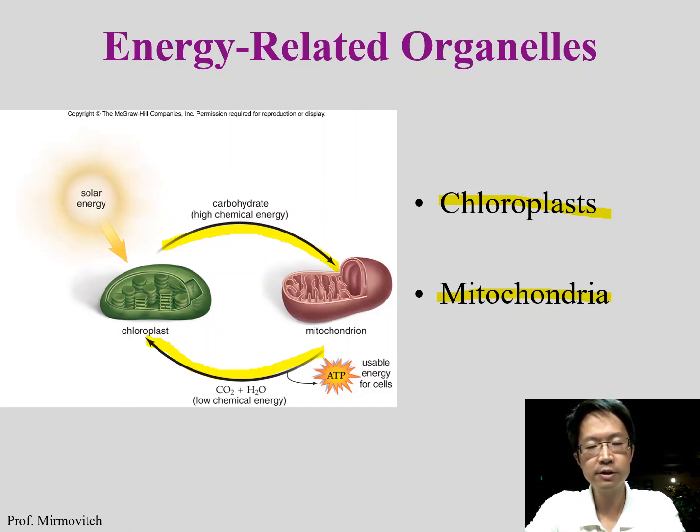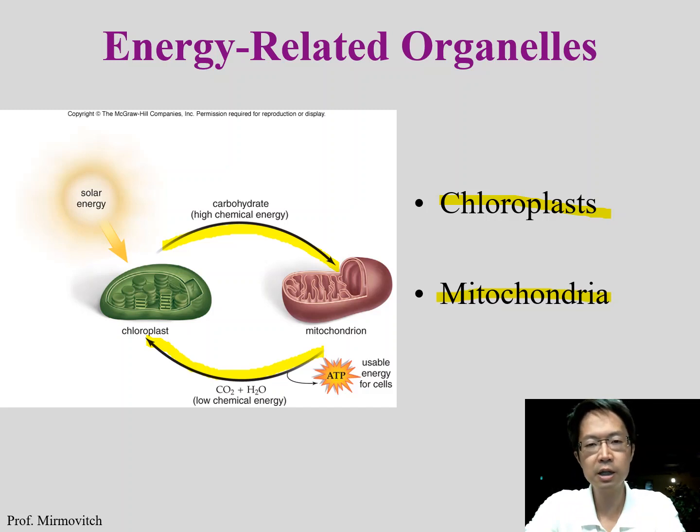In photosynthesis, plants take carbon dioxide, water, and sunlight to make carbohydrate like glucose and oxygen. And then mitochondria take the glucose and oxygen from photosynthesis and convert them into carbon dioxide, water, and ATP. ATP is the energy that we use in all living organisms.